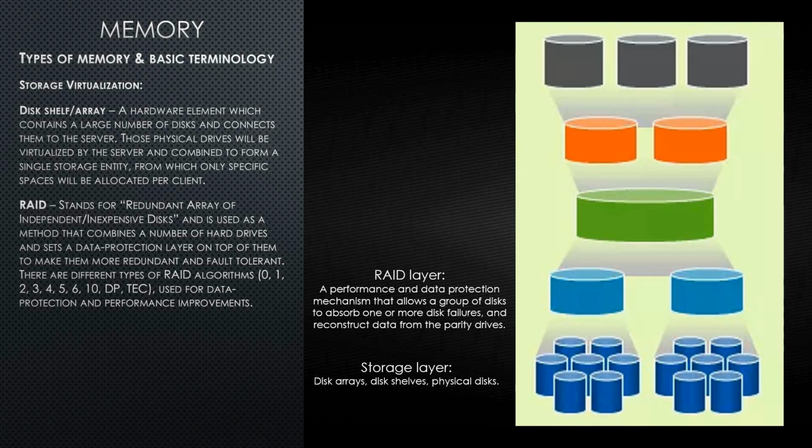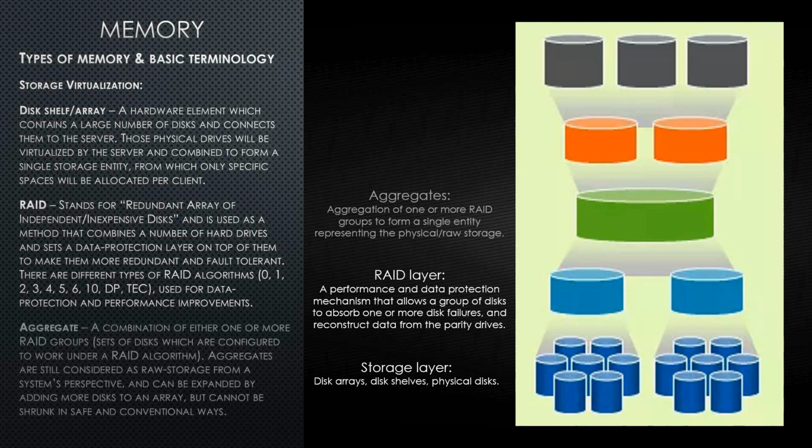There are different types of RAID algorithms from 1 to 10 and DP and TEC depending on the manufacturer, which are used for data protection and performance improvements. So the RAID layer is basically a performance and data protection mechanism that allows a group of disks to absorb one or more disk failures and to reconstruct the data from the parity drives.